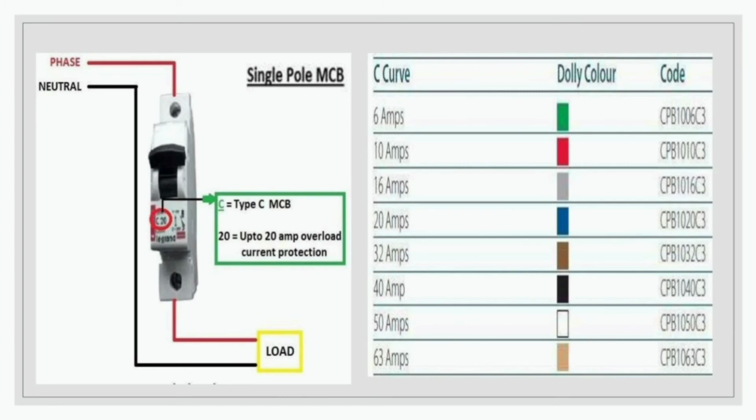How can we recognize these types of MCBs and their capacity? We can find this in the middle, in the diagram, in green. We have marked it with a red circle. If the alphabet indicates C, that is a C type MCB.